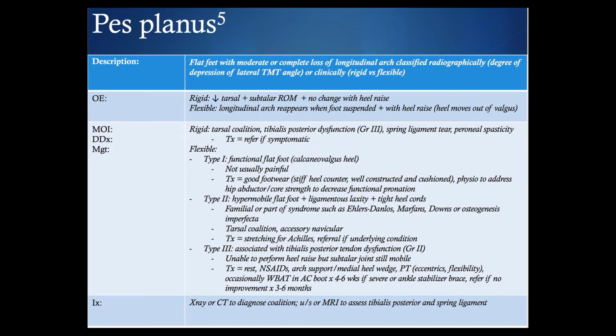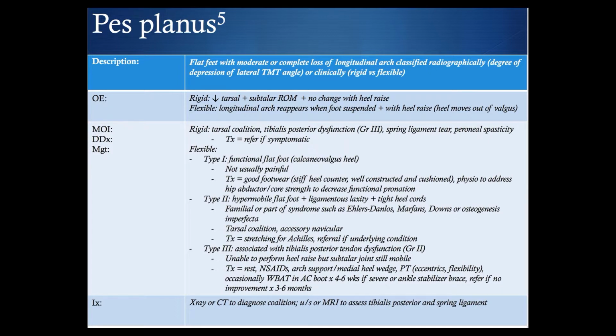Whereas type 3 flexible pes planus really is associated with grade 2 tib post dysfunction. These patients are unable to perform a heel raise, but their subtalar joint will still be mobile. Treatment is a combination of rest, NSAIDs, support, physio, and occasionally a period of weight bearing as tolerated and some sort of immobilization like an air cast boot or an ankle stabilizer brace, with subsequent referral if we're not seeing improvement over a few months or so.